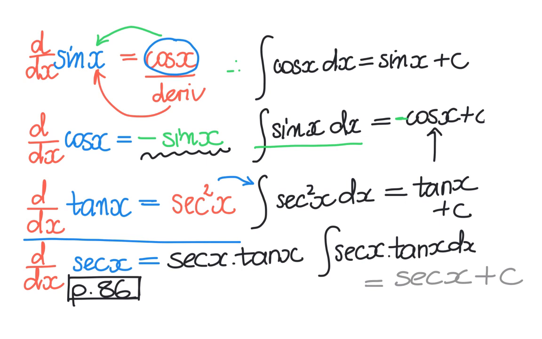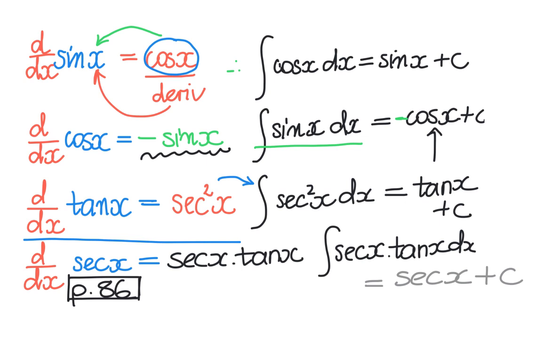In this first video, we're going to look at simple examples of integration with the trig functions. So similarly to differentiation of trig functions, in order to anti-differentiate trig functions, we need to look at the table of derivatives.